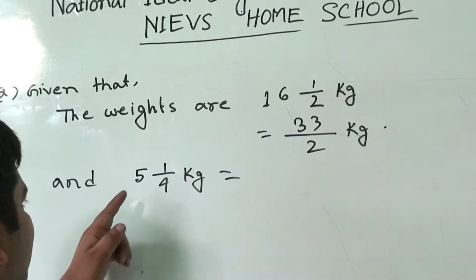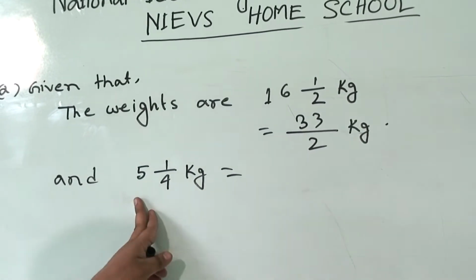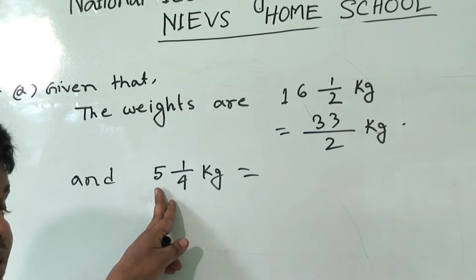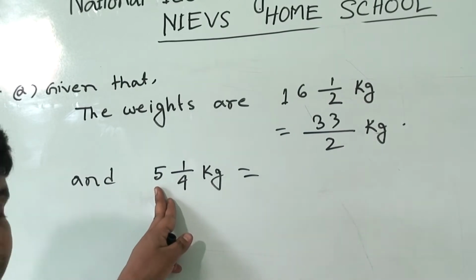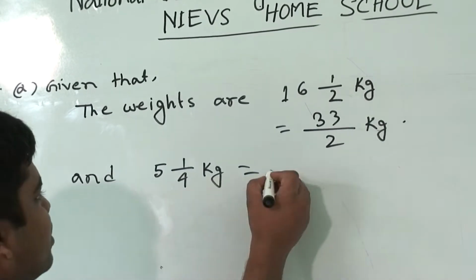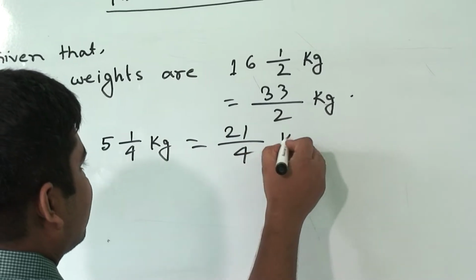This is a mixed fraction, we convert it into improper fraction. 5 fours are 20 plus 1, 21 by 4 kg.